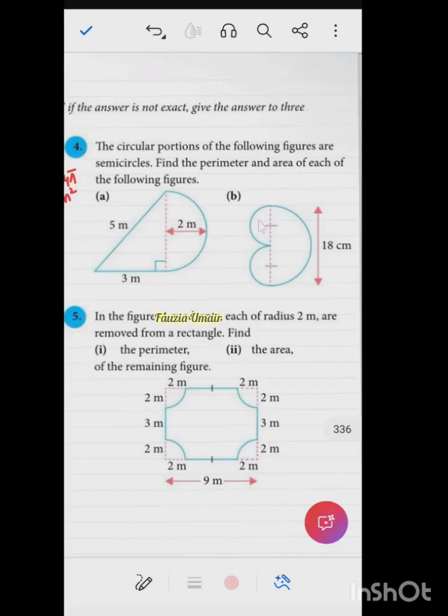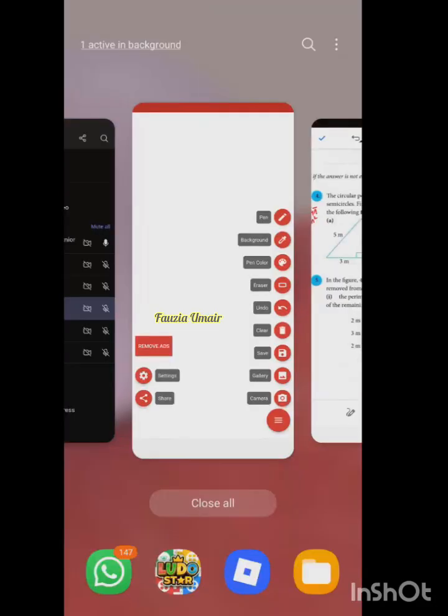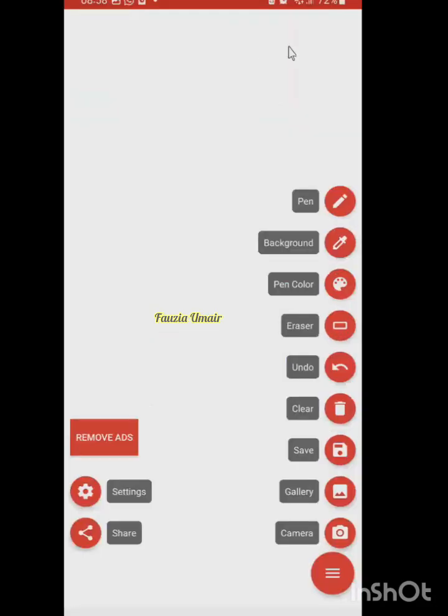So now let's find out the area and perimeter of the first part. I'm going to draw it also so that we have an idea. So there is a right angle triangle. I just need to use these values, that's why I want to draw it.